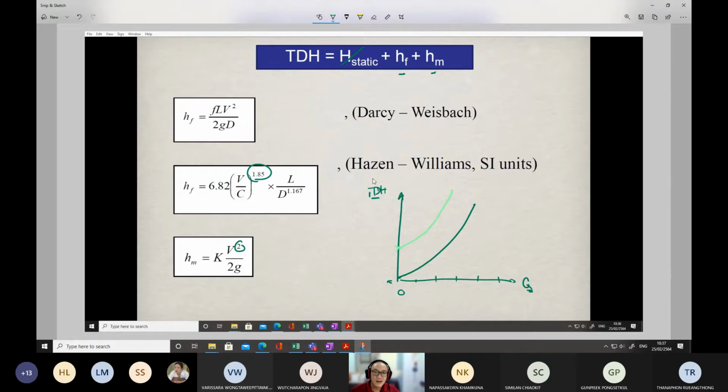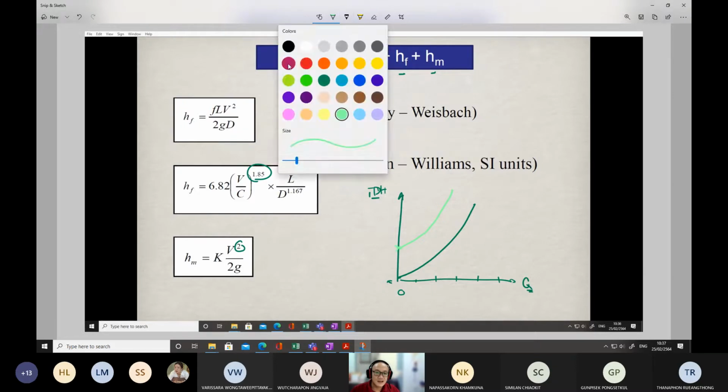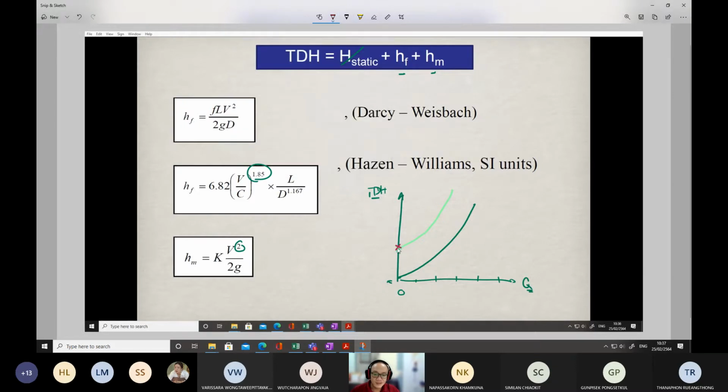This one is the static head. If the pump is not in operation, the difference between the water levels in the lower reservoir and the higher reservoir is the static head.